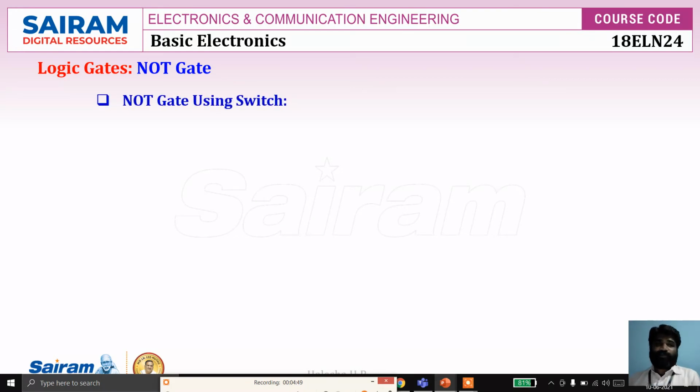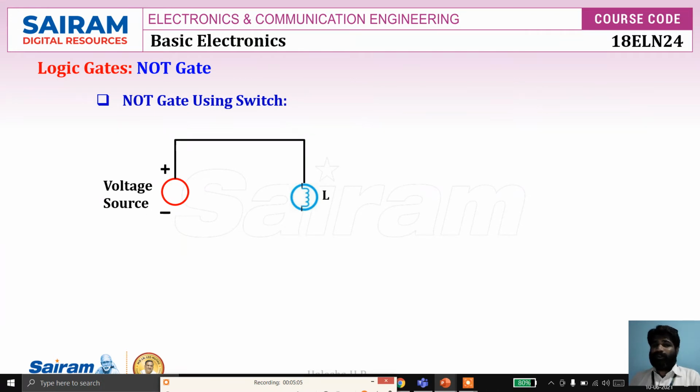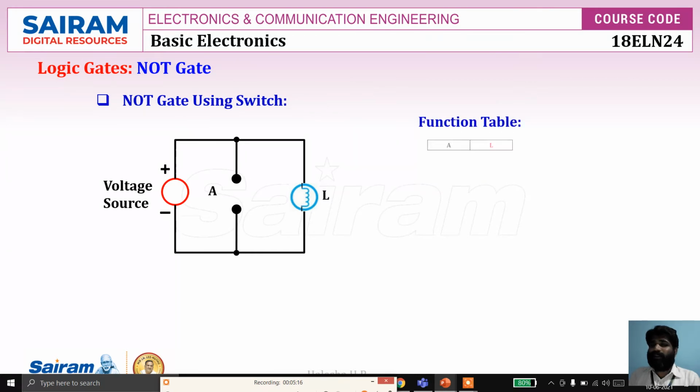Now, the NOT gate using a switch. How do we implement the NOT operation using a switch? Let's see. This is the voltage source and this is the bulb. We connect the voltage source to the bulb, with one switch in between. Switch A. Let's write a function table.